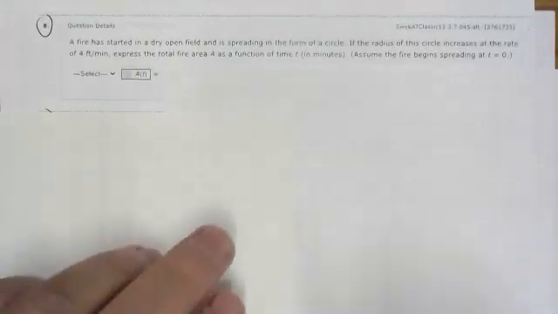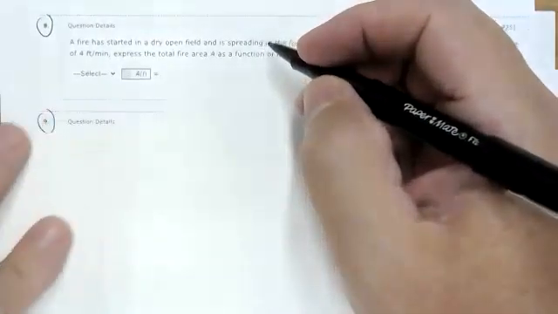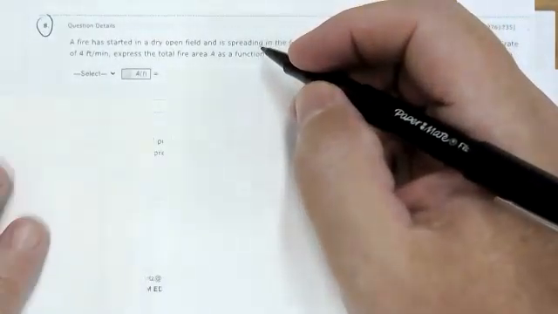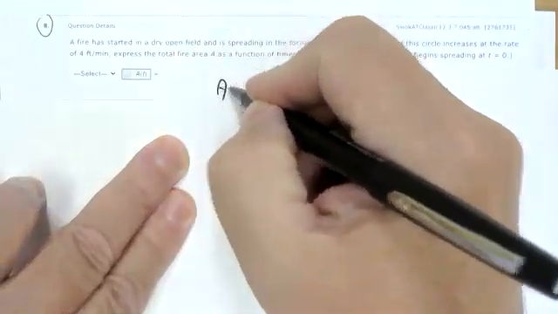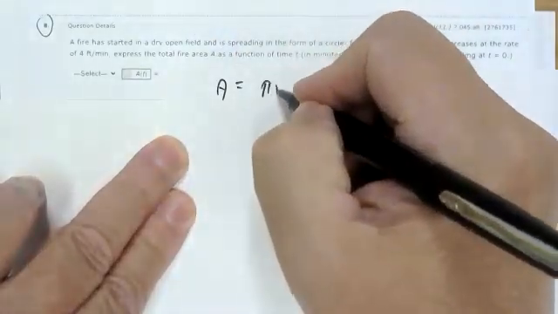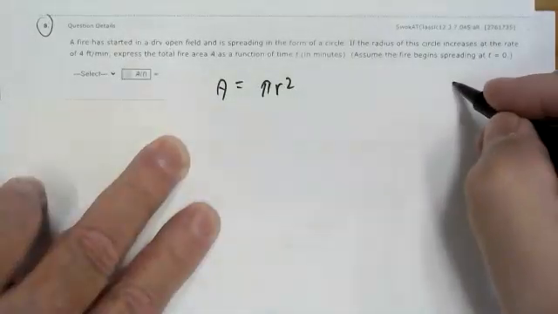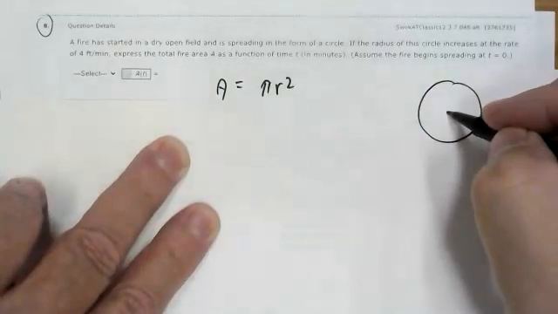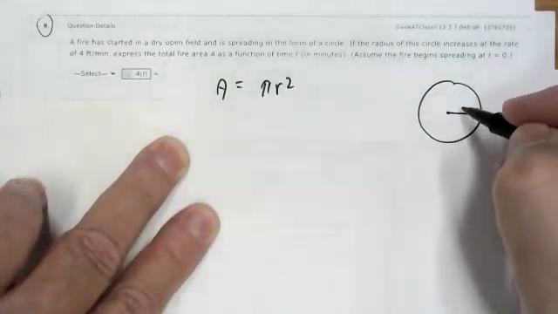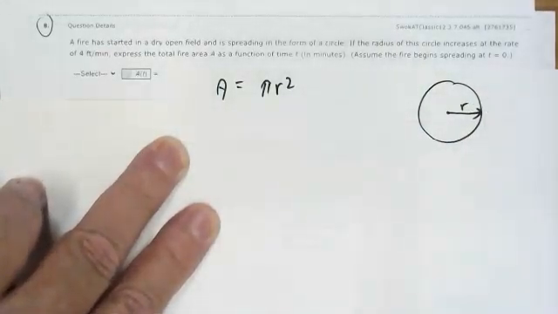Now, the area of this field is going to be like a circle. If you remember back from geometry, the area of a circle is pi r squared, where r is the radius, and of course pi is just a number.